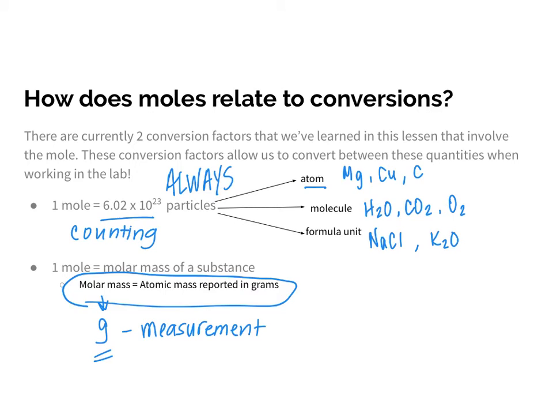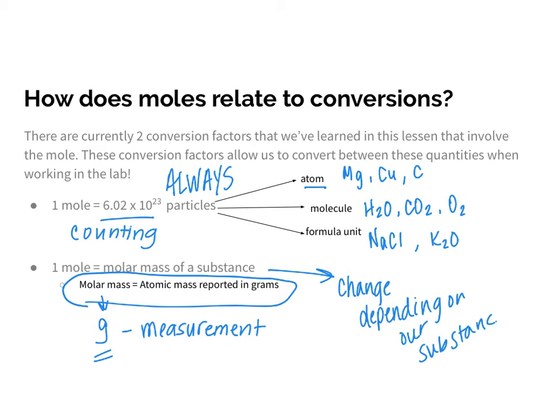With molar mass, this is going to change depending on our substance. So the molar mass of carbon dioxide is not the same as the molar mass of water or of hydrogen gas.